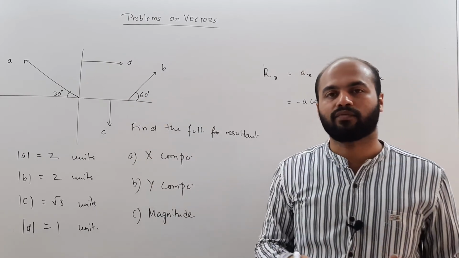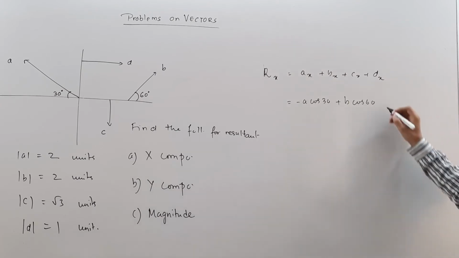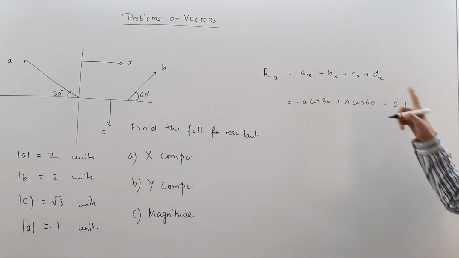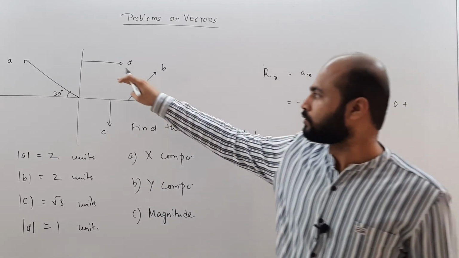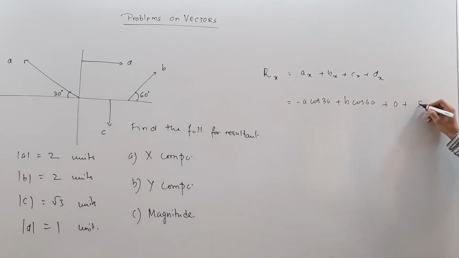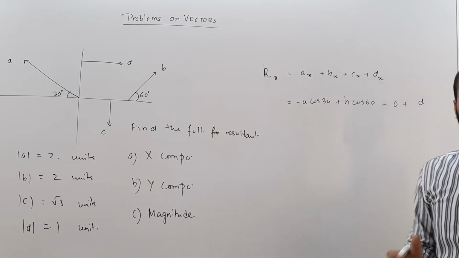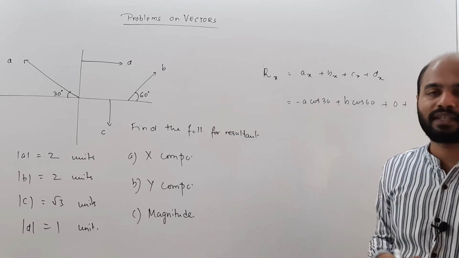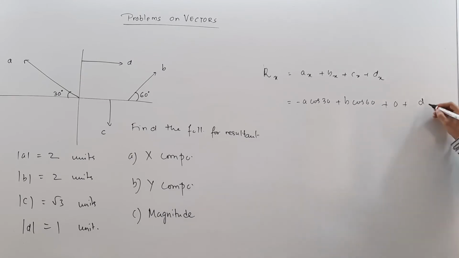So it doesn't have Cx. So Cx is going to be 0. And dx you can see that it is along this direction. So we can just write it as just d. And if you want to write it in the form of component, it is anyways going to be d cos 0 because the angle made is 0. So we can do that also. D cos 0 anyways means d because cos 0 is 1.